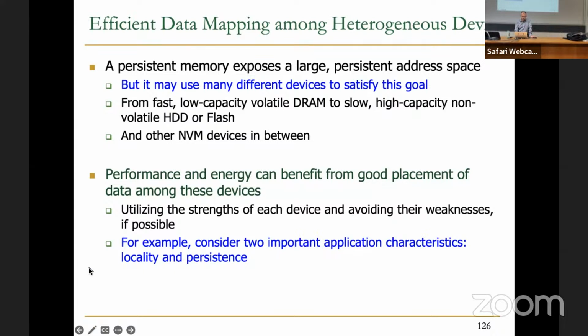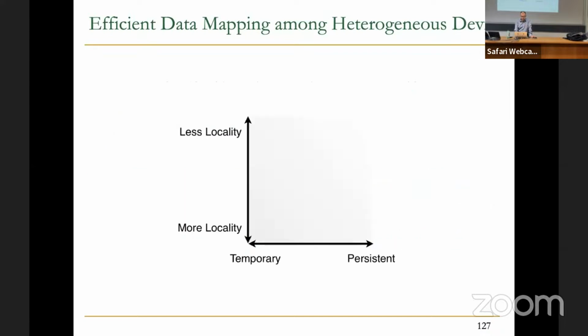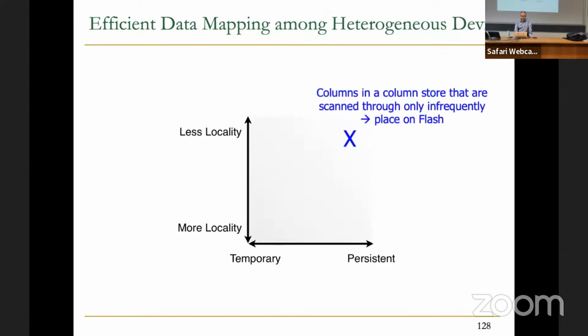For example, consider two important application characteristics, locality and persistence. Here is one example: database applications, like columns in a column store that are scanned through only infrequently, placed on flash. Clearly it has less locality because it's infrequent and you scan through it, but it is persistent because it's part of your database.